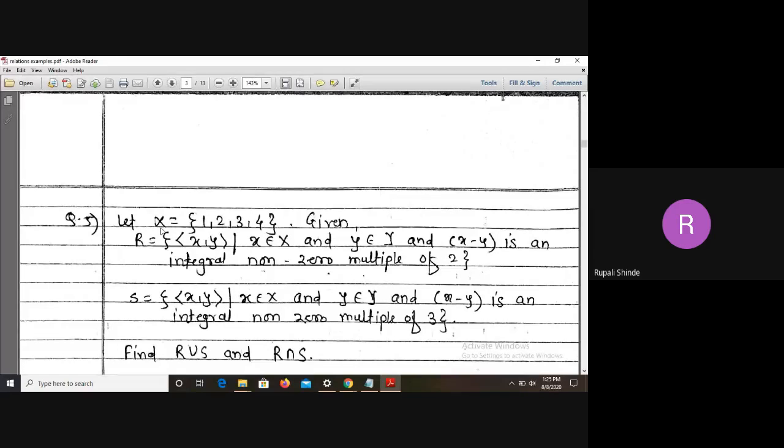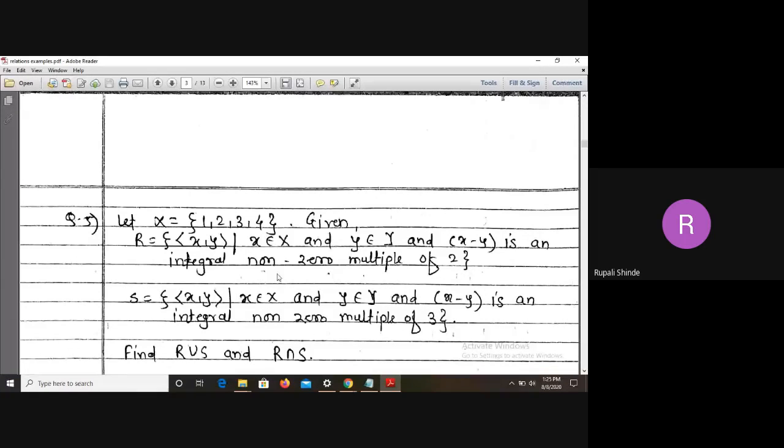Set X is given, which consists of 4 elements 1, 2, 3, 4, and it is given that there is one relation R which consists of ordered pairs x comma y such that x belongs to capital X and y belongs to capital Y, and x minus y is an integral non-zero multiple of 2. Okay.